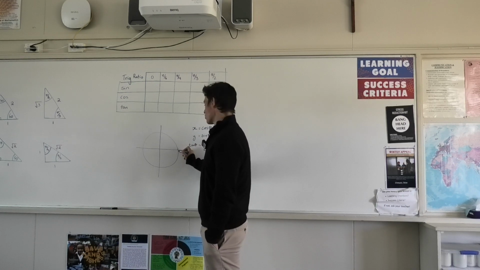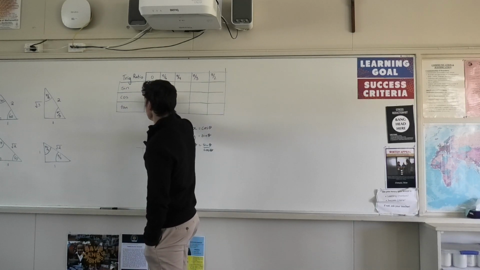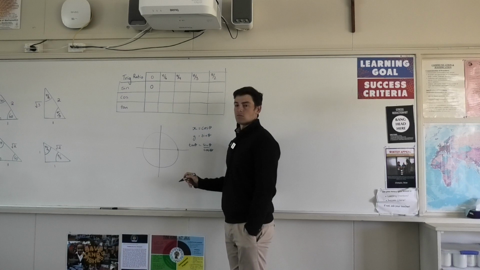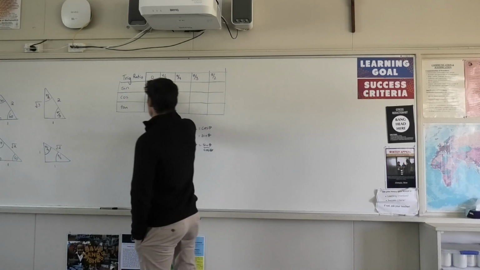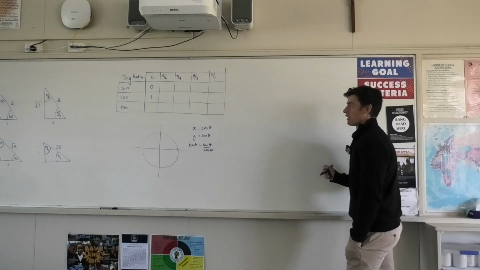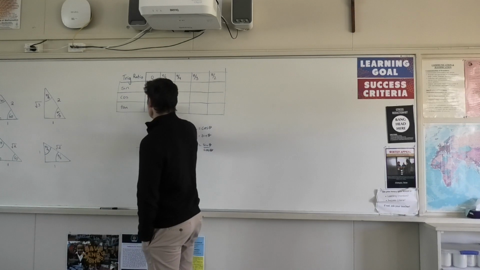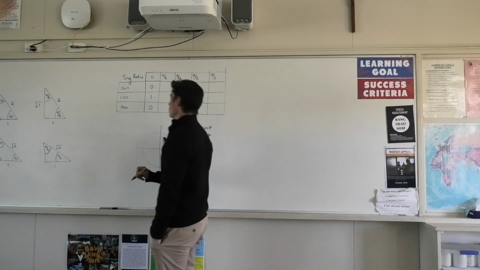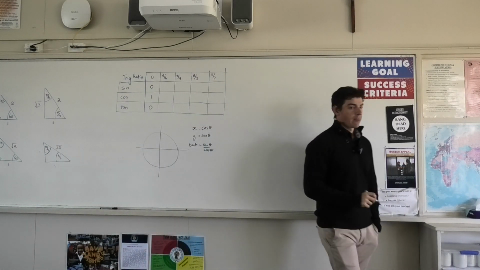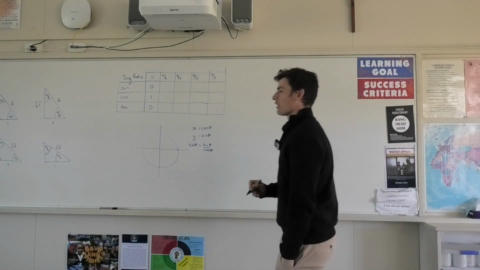Yeah. So what's the y value there? What's the x value? 1. As the radius is 1, correct? Okay, and what does tan equal? 0 divided by 1, which is 0? 20% of the table's been filled out.